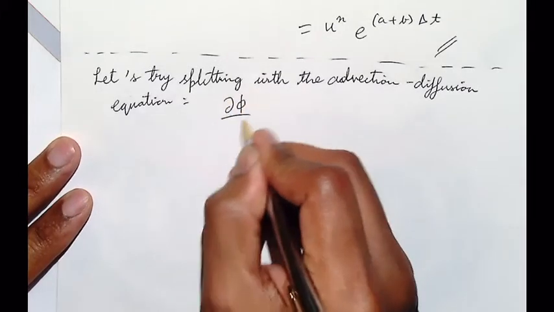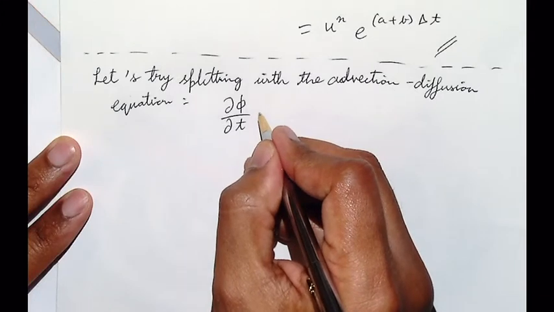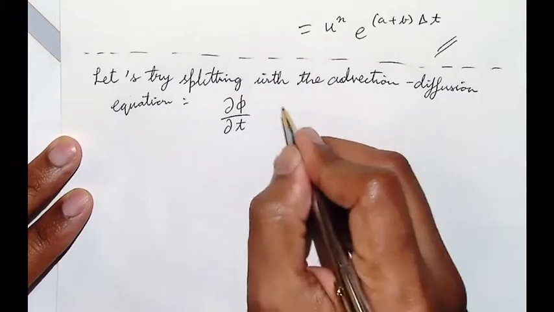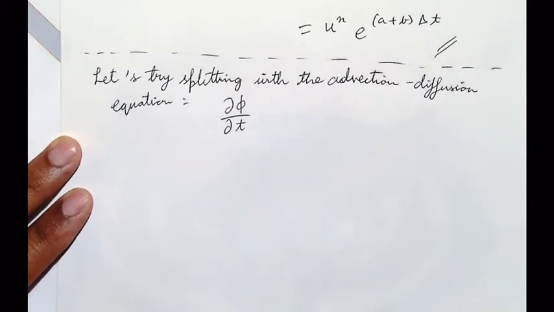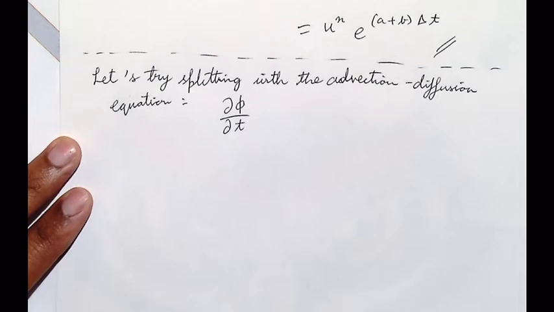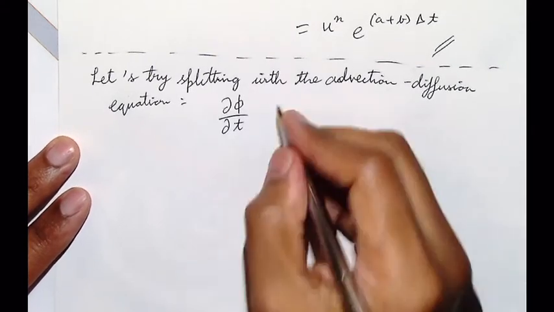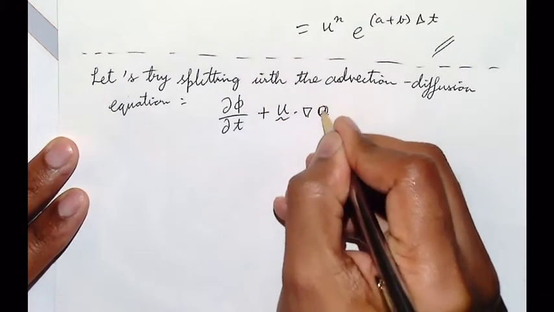So ∂φ/∂t, and do you know what goes here? The advection term, which is u dot ∇φ.